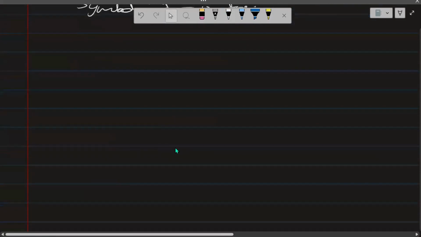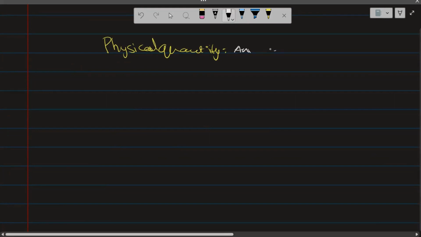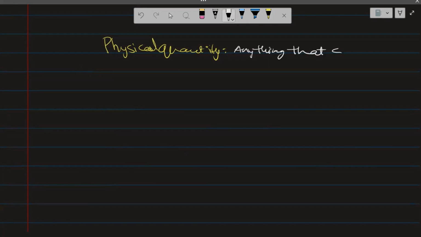Now let's do what a physical quantity is. A physical quantity is anything that can be measured. So anything that can be measured is called a quantity or physical quantity.